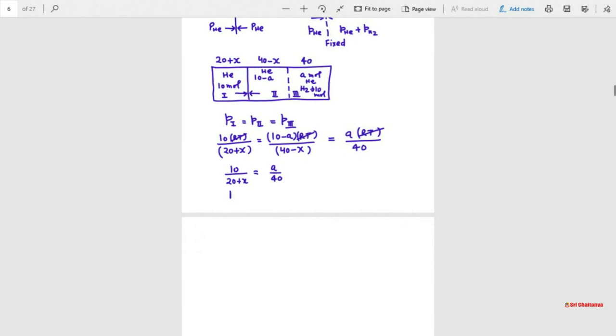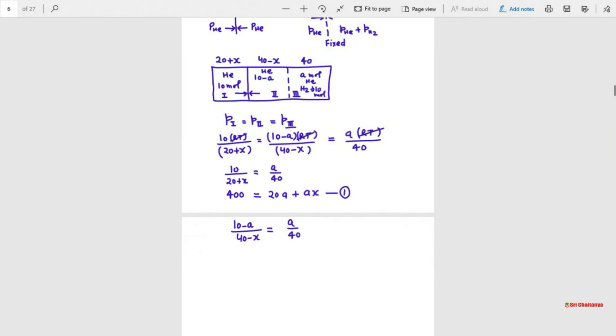So if I simplify, that is equal to 400. 400 is equal to 20A plus AX. This is our first relation, right? Similarly, by using the second and third compartment, I can write 10 minus A upon 40 minus x is equal to A by 40.